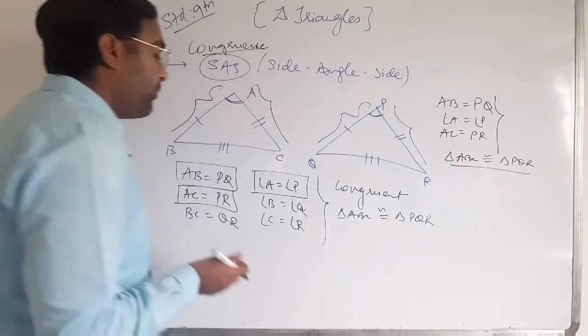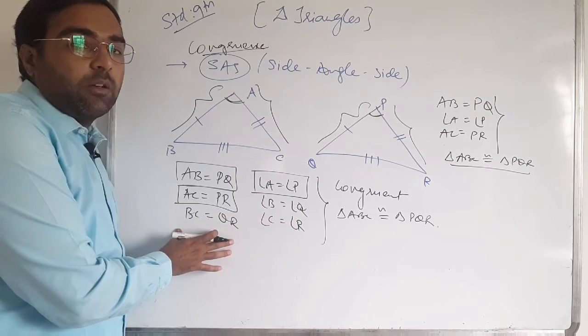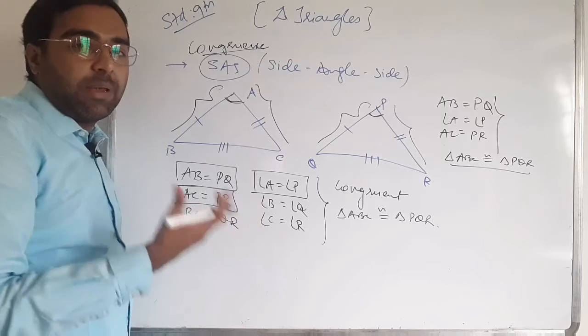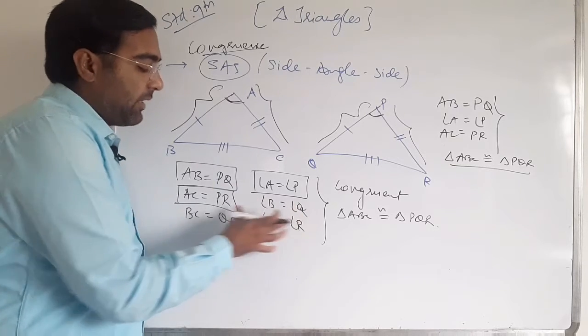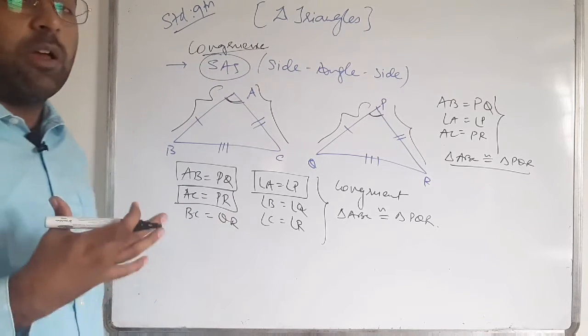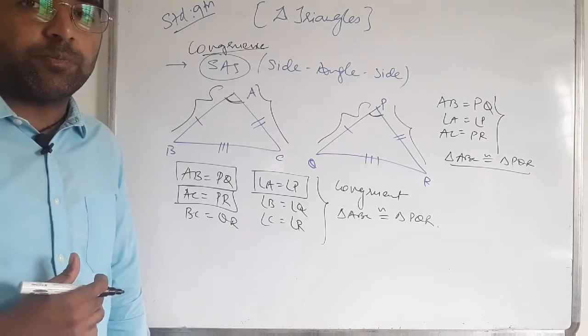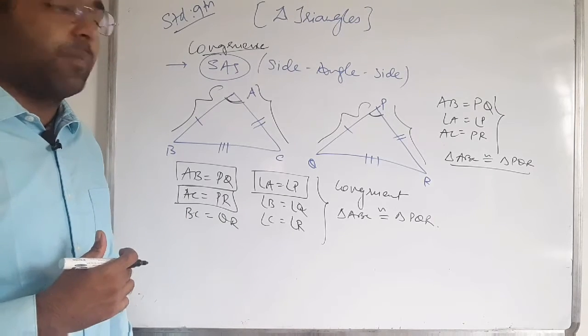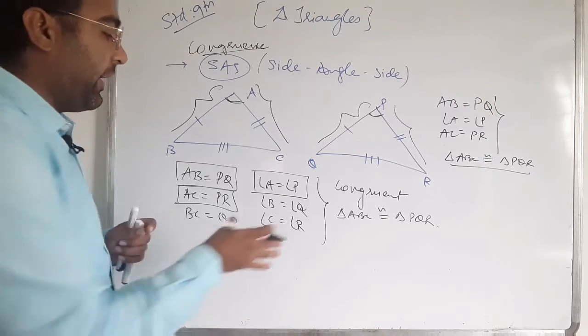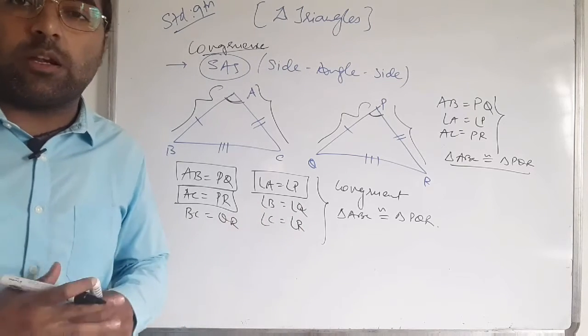We don't need to prove these two angles and one of these sides. That means we don't need to prove that the remaining angles and remaining side are equal.